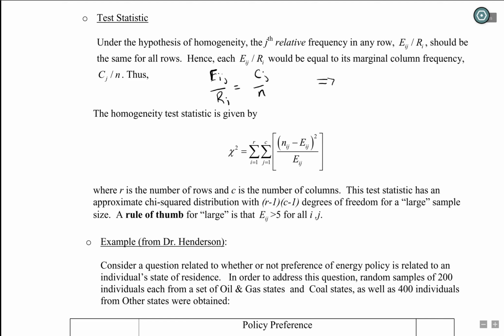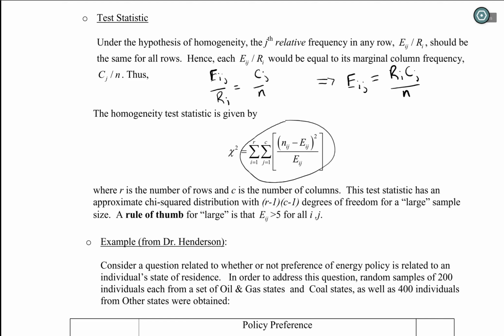And that would imply that the Eij, or the expected count, should be Ri times Cj over n. All right. And so if you look at this expected count, that expected count is the same as what we had in the test for independence. And in fact, when you go further and you look at the overall test statistic that we're using here, the structure is the same as it was for independence.